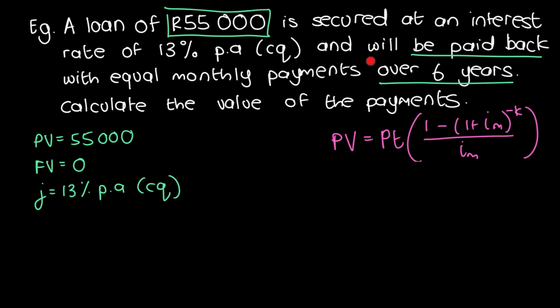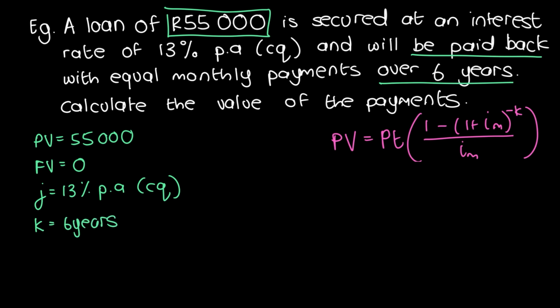And it will be paid back with equal monthly payments over 6 years. So the payment period is going to be months, and we're then also going to have the duration K is 6 years, but it needs to be in months.